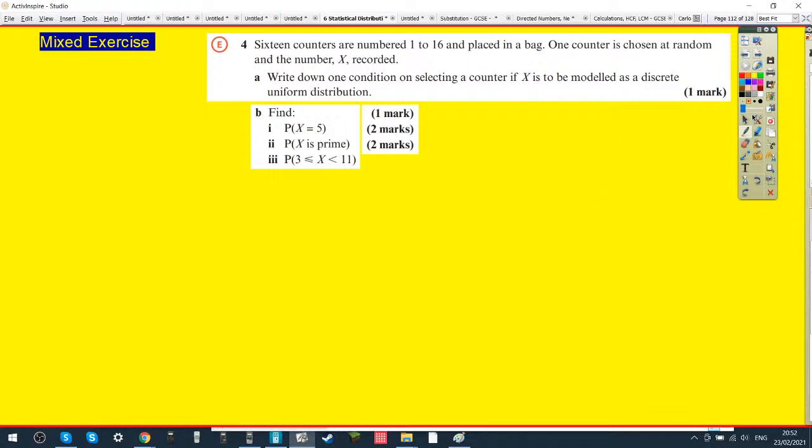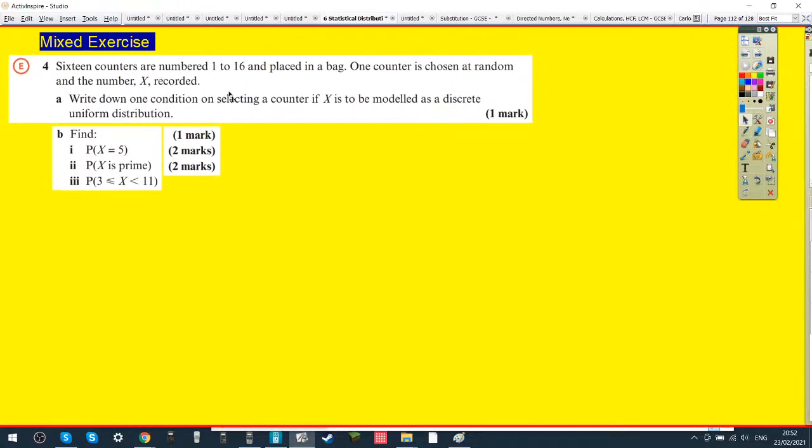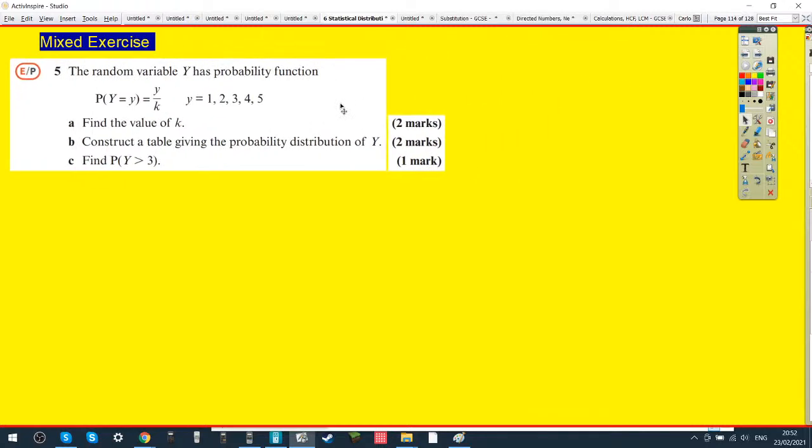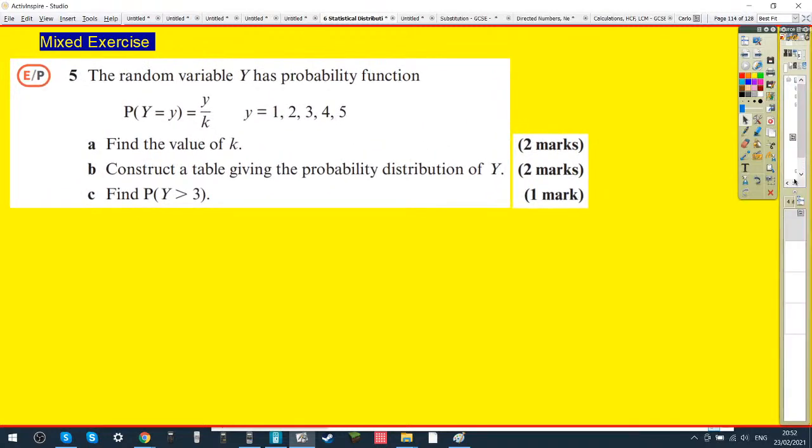Let's see this one. Alright, why are they always weird? Why can't they just be straightforward? Alright, how do we find the value of k?